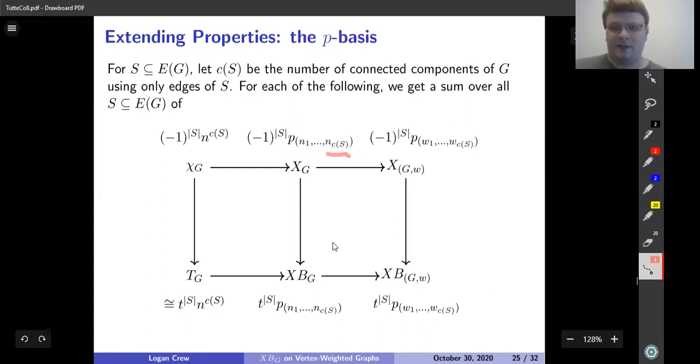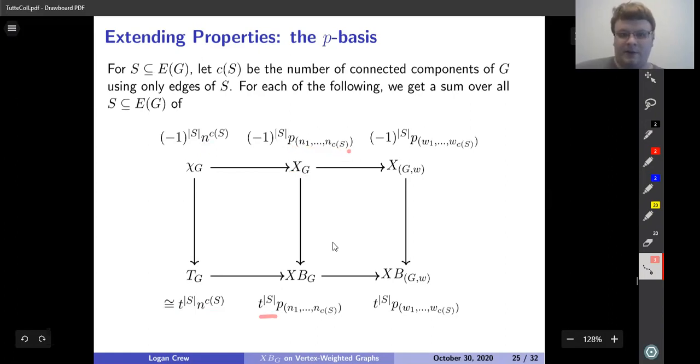When we apply the deletion contraction to every edge, what ends up being left is this component, maybe with total, well, it's going to have 3 vertices, and you can prove it using the weight function, but it's still valid on xg, and in fact it was proved by Stanley without having to know the deletion contraction of the weight function, of course. So here you get, instead of just the number of connected components, you get their sizes.